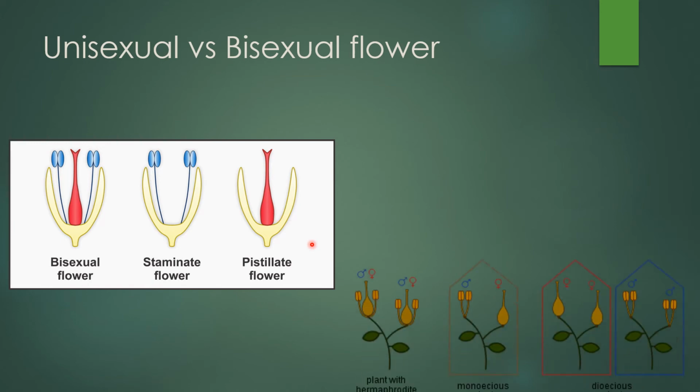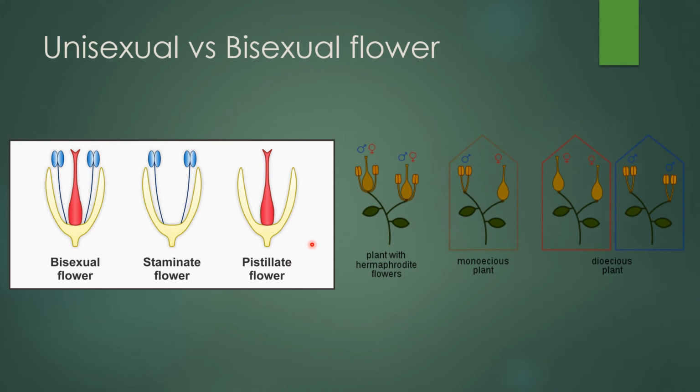Okay. Now the next one, if both the male and the female flowers are present in a common plant, it's known as a monoecious plant. Now if in one branch it's only the male flower, and in another branch it's only the female flower, it's also known as monoecious.